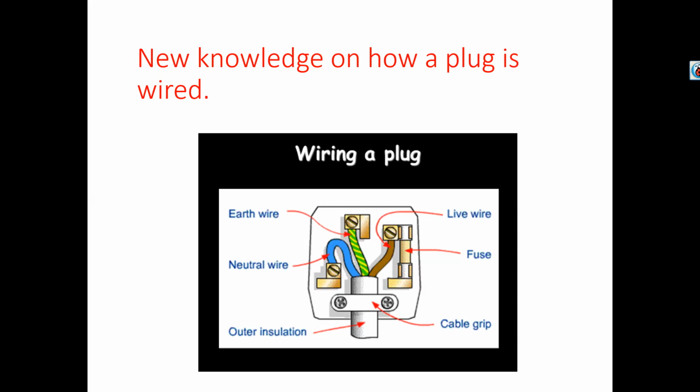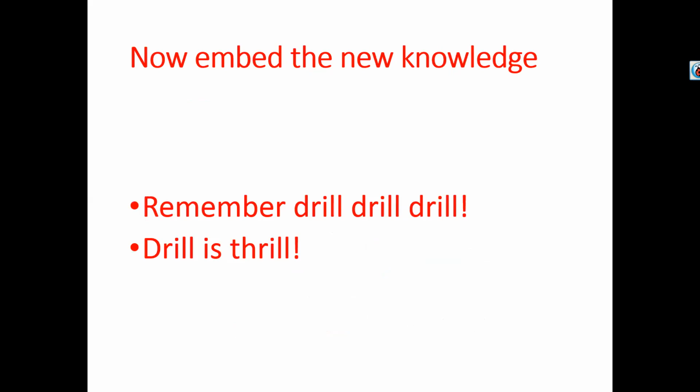So blue, left, brown, which is the live wire, BR, right, and then earth wire is in the middle. So that's what it looks like. So what do these wires actually do? And what is it that we need to know about them?